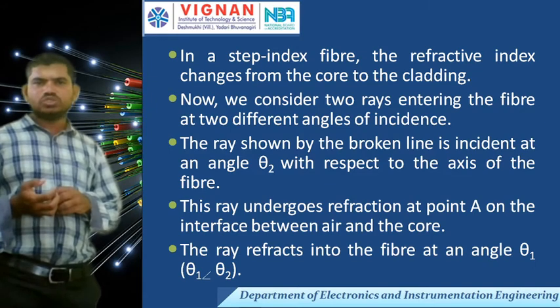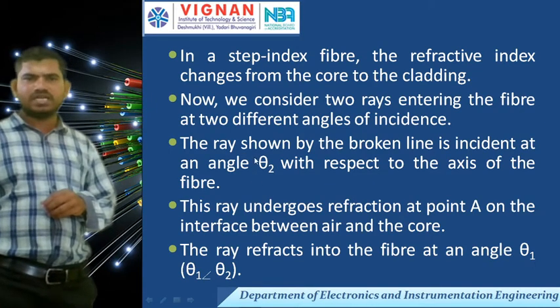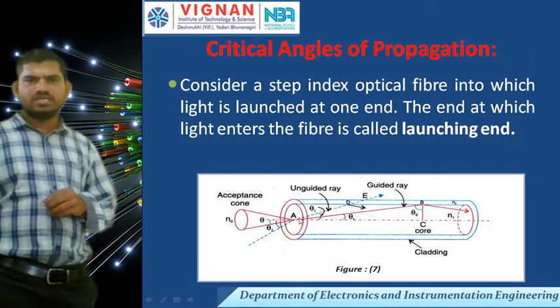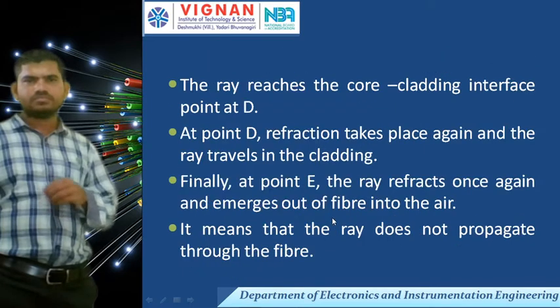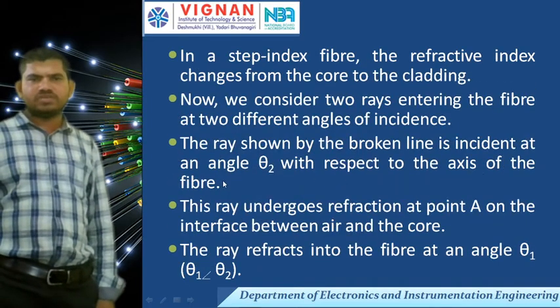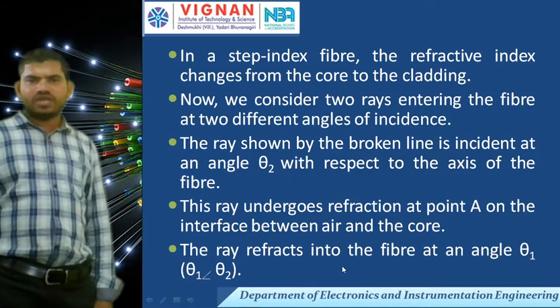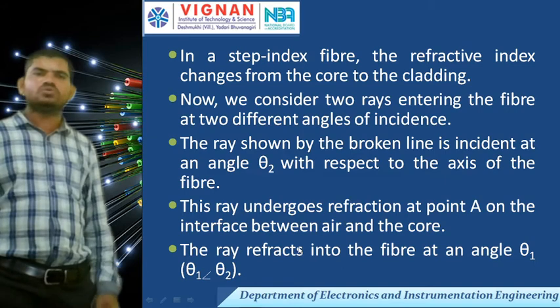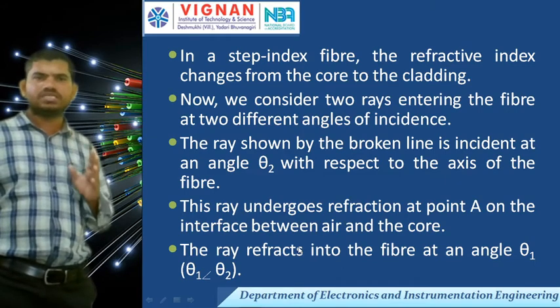The ray shown by the broken line is incident at the angle theta 2, with respect to the axis of the fiber. This ray undergoes refraction at a point on the interface between air and core. The ray refracts into the fiber at an angle theta 1. Theta 1 is always less than theta 2.